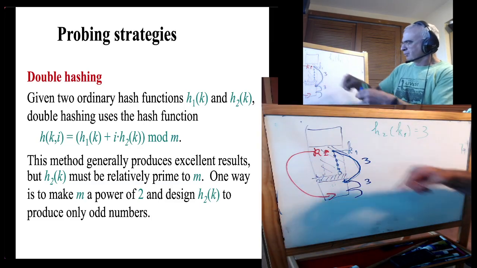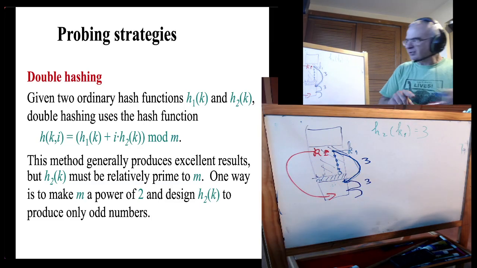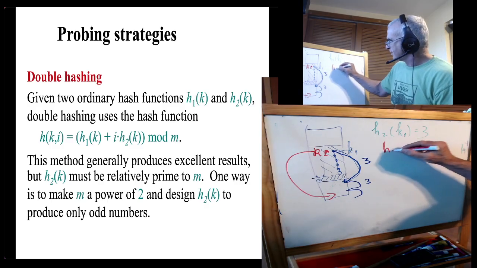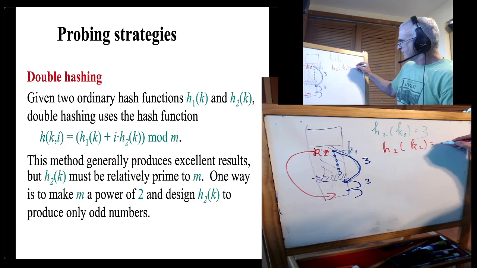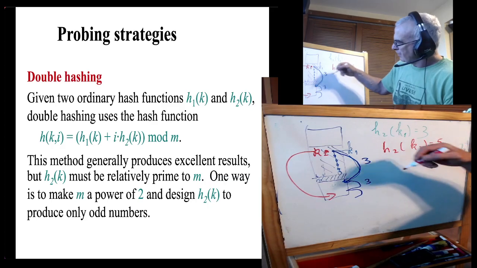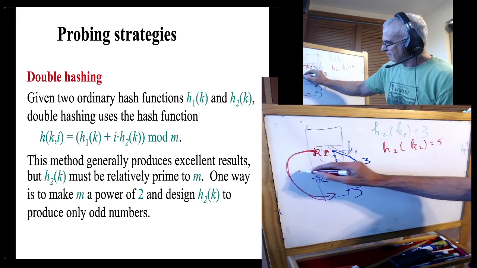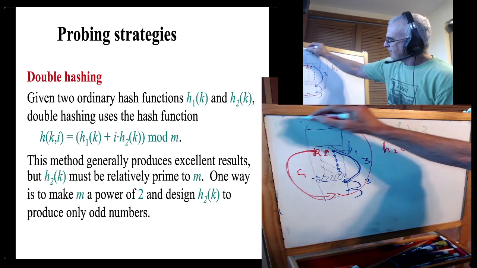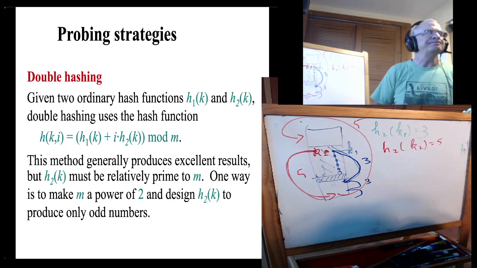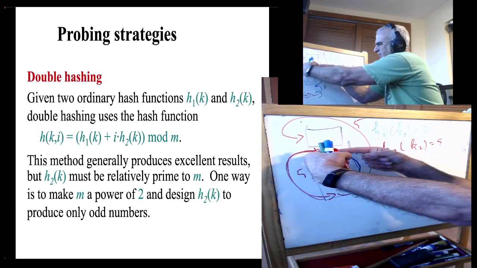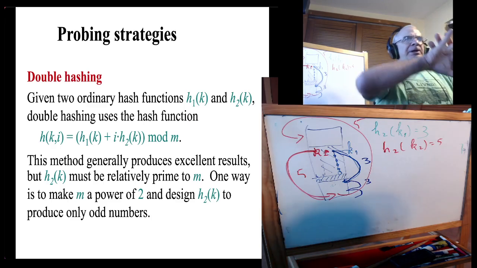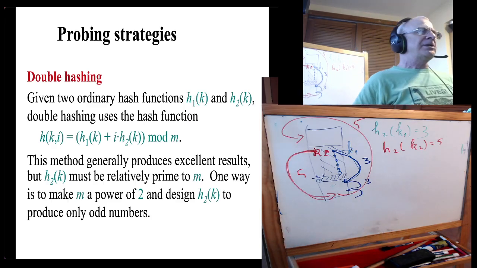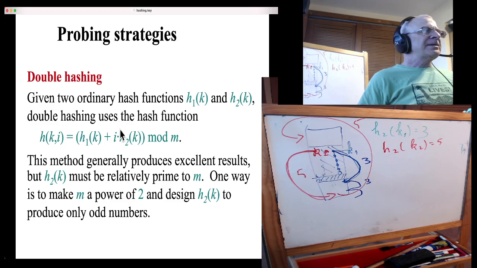While for K2, if I'm lucky enough so that H2 of K2 is 5, then I'm jumping by 5 elements, and so on. So even if they meet once, in future attempts they will be sprinkled in different locations in the hash table. This is a great method, but you need to be careful.